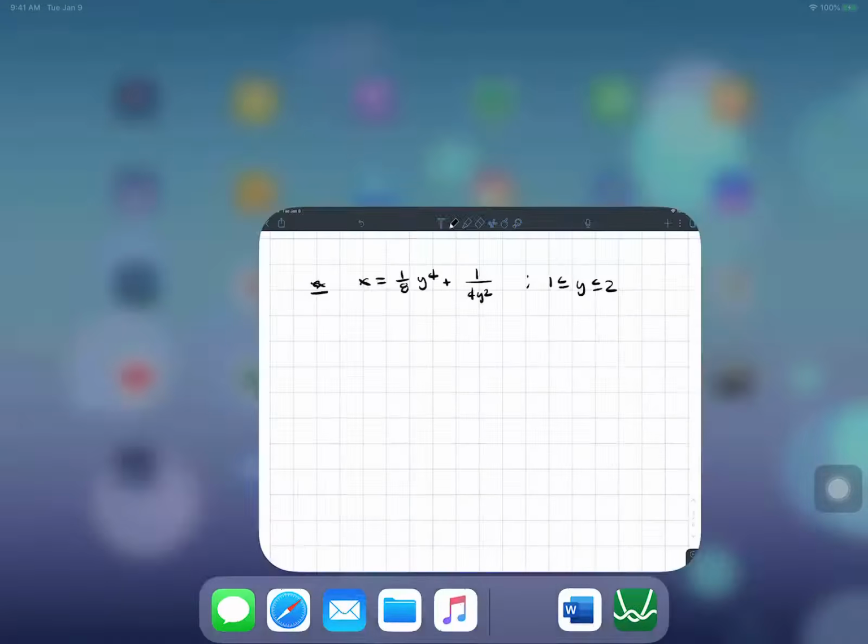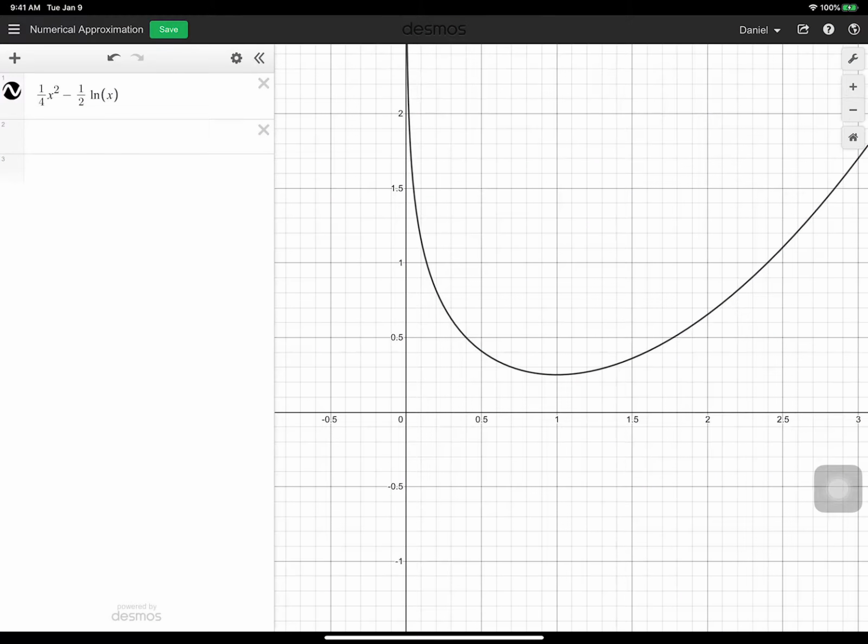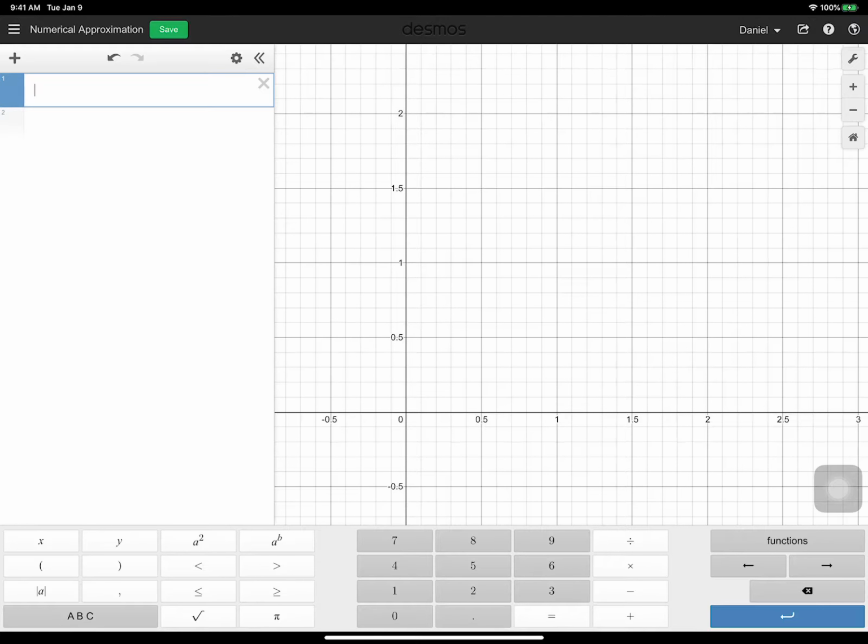Now, let's go to our graphing software and let's see if we can actually graph this one too, right? So they're going to give us here now x equals 1/8 y to the 4th. So 1 divided by 8, y raised to the 4th power. Looks like it's going to work. Plus 1 over 4y squared.